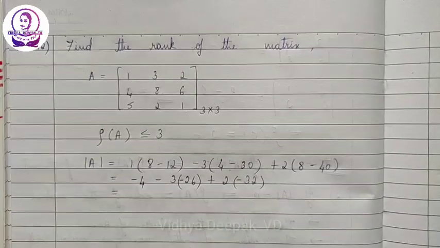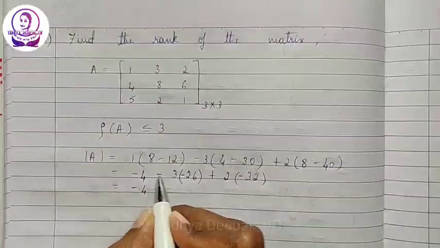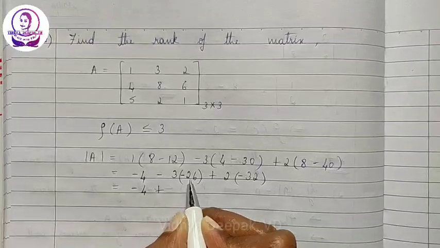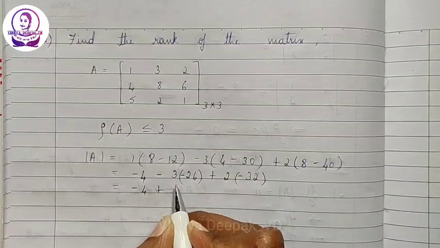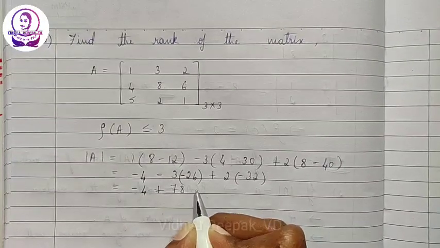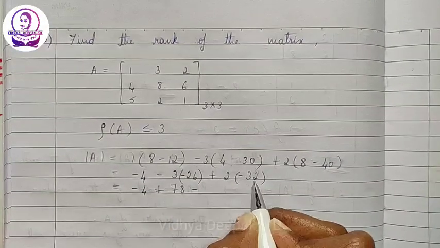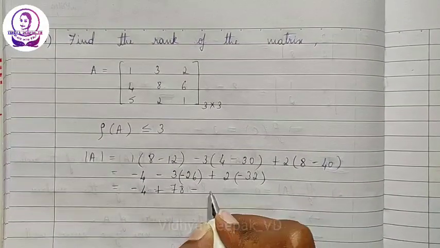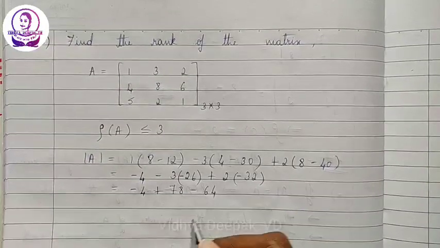So we have minus into minus plus 26 into 3 gives you 78. Then you have plus into minus minus 32 into 2 gives you 64.